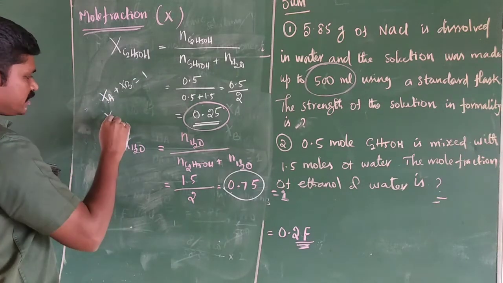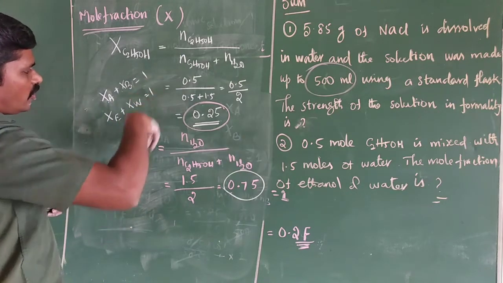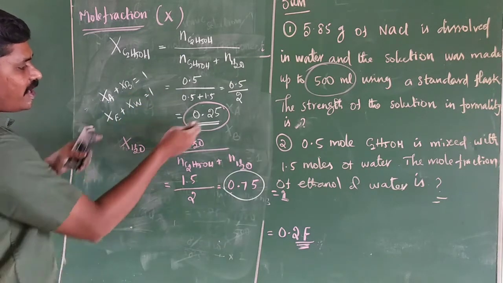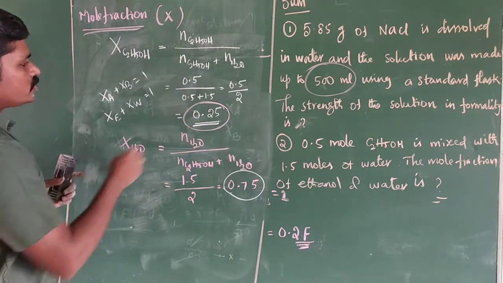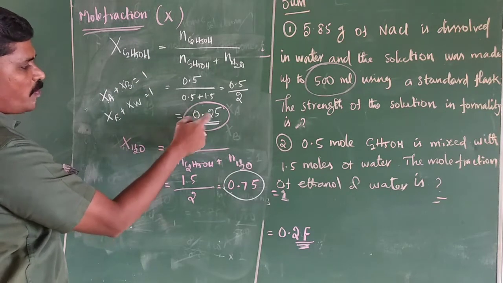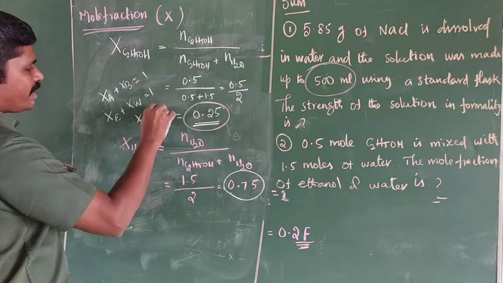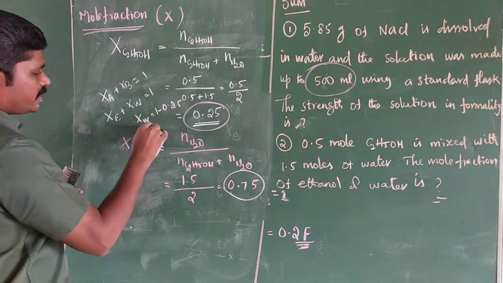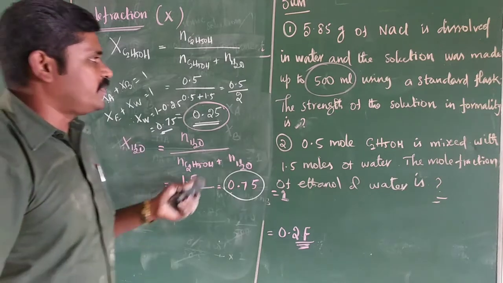So the mole fraction of ethanol plus the mole fraction of water is equal to 1. The mole fraction of ethanol is 0.25, therefore the mole fraction of water is 1 minus 0.25, which is equal to 0.75. So use any one of the methods.